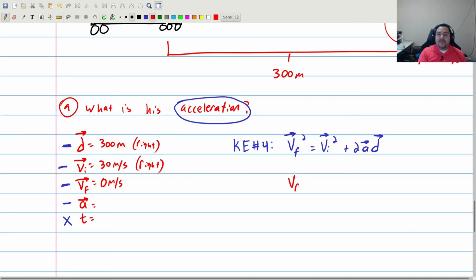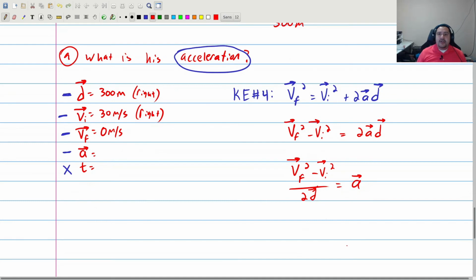It's going to turn into V final squared minus V initial squared equals 2AD. Vector, vector, vector, and vector. Now I'm going to divide by 2d. And our final formula is going to look like this. V final squared, vector, minus V initial squared, vector, divided by 2d, vector, is equal to a, vector.